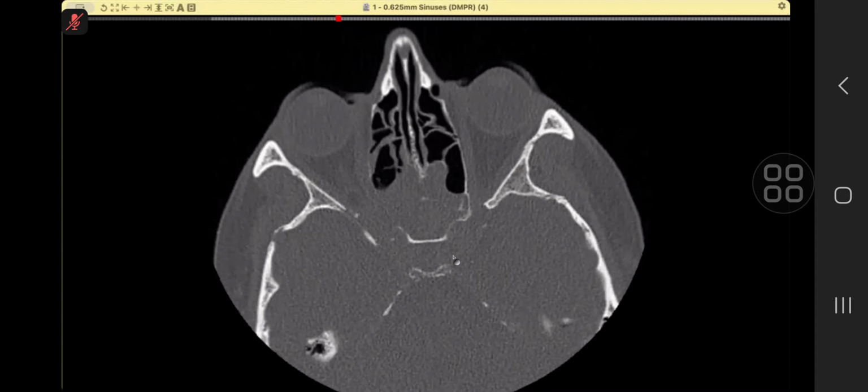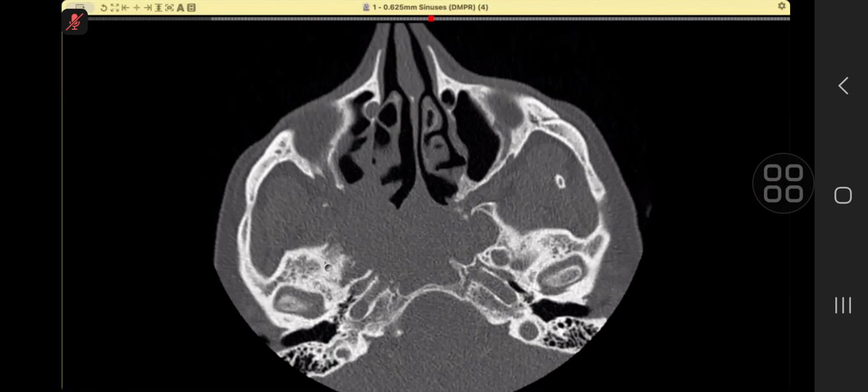You have said pterygopalatine. Show me its extension into the pterygopalatine fossa. So, sir, this area, if you can see my, so you see my cursor? I can see your cursor. Is this the pterygopalatine fossa?